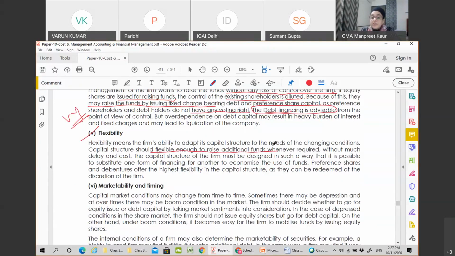The capital structure इस तरह से डिजाइन होना चाहिए कि हम लोग अपने फंड्स को इकोनोमाइज कर लें, और प्रेफरेंस शेयरहोल्डर्स और डिबेंचर्स की हाईएस्ट फ्लेक्सिबिलिटी होनी चाहिए in the capital structure, because they can be redeemed at the discretion of the firm, not from the owners' viewpoint, because owners are, we can say, equity shareholders, जिनसे पूछ के हम कर सकते हैं, whereas in case of preference shares and debentures हम लोग उनको रिडीम कर सकते हैं जब हमारी फर्म चाहे.